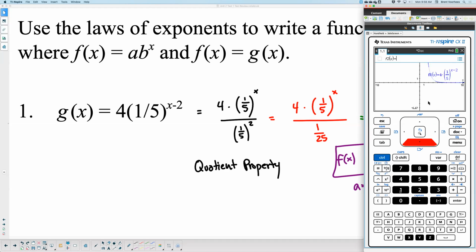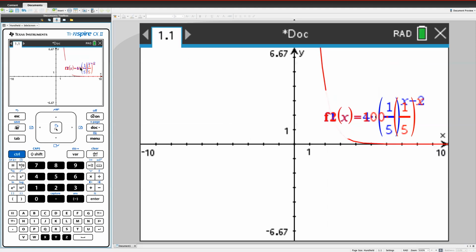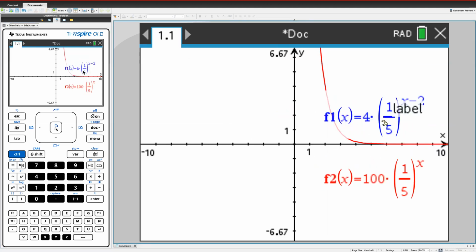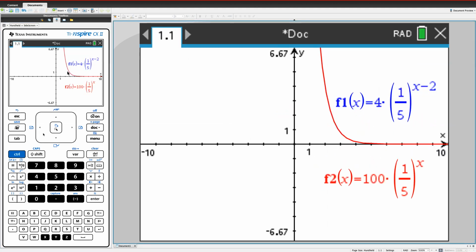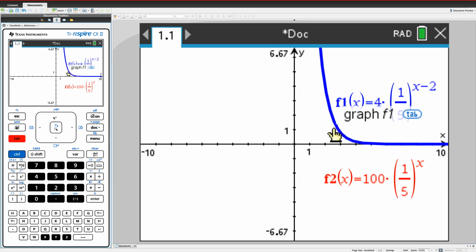And then we just had 100 times 1/5 to the power of x. What can you tell me about those two graphs? They match up, don't they? See how they're the same? So we did our math correctly.